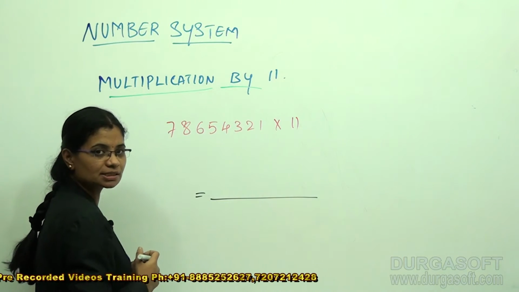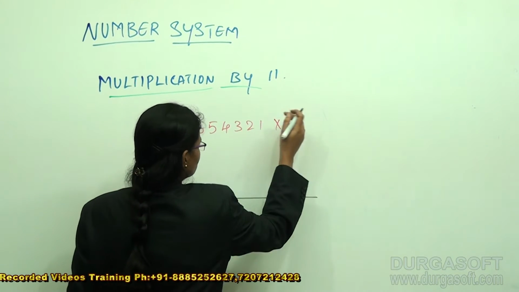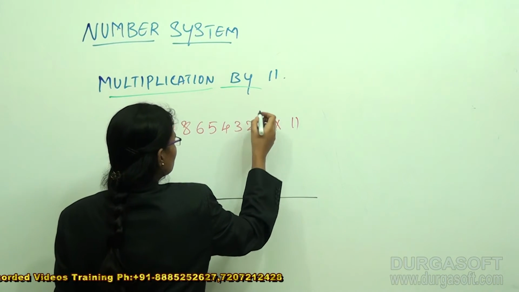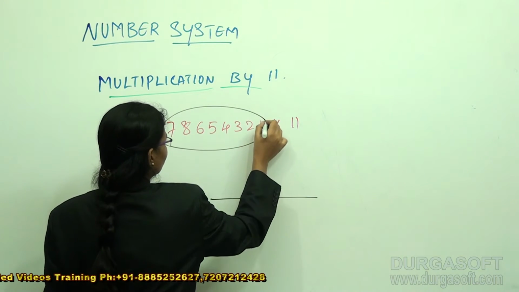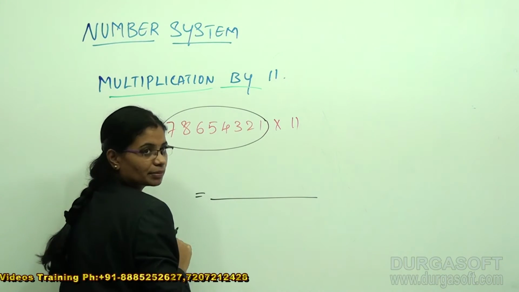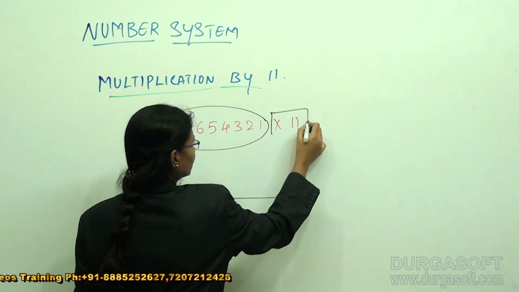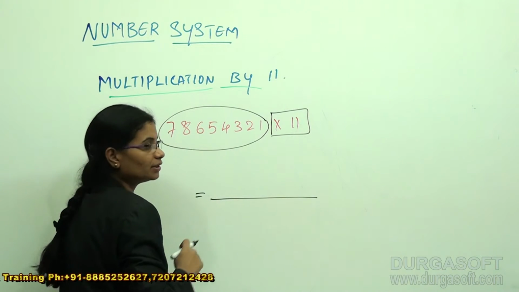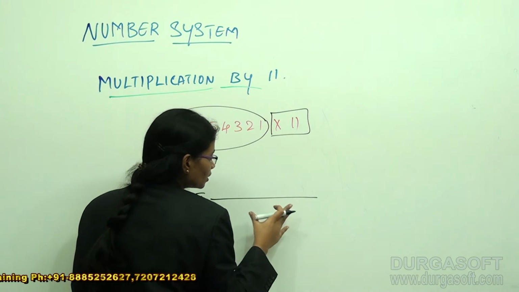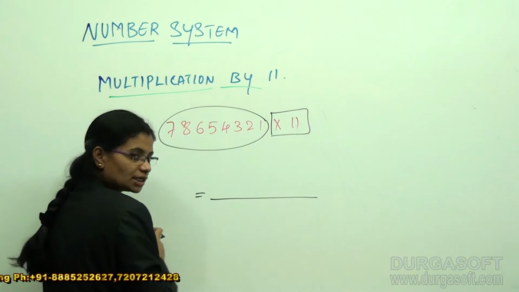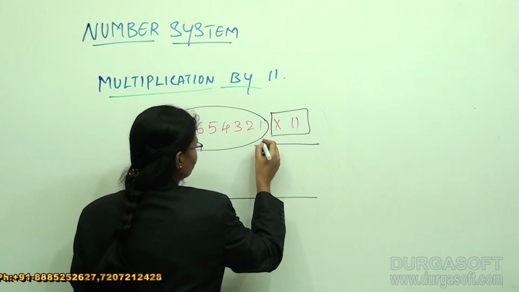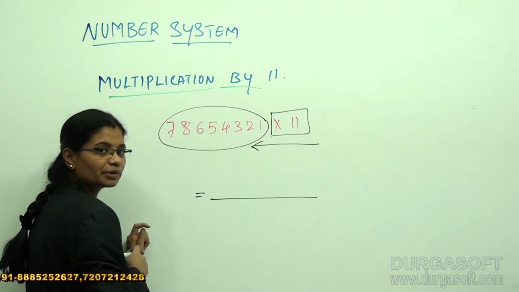We are multiplying this number with 11. Just concentrate on this number and neglect the multiply by 11. The method which we start is from right to left.